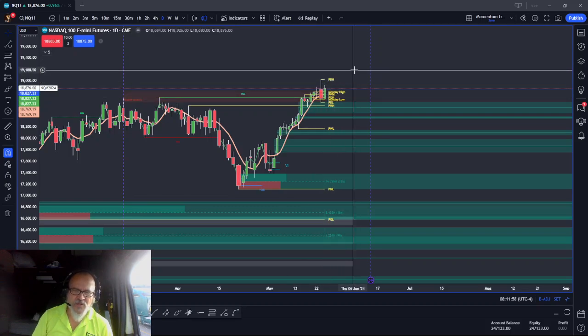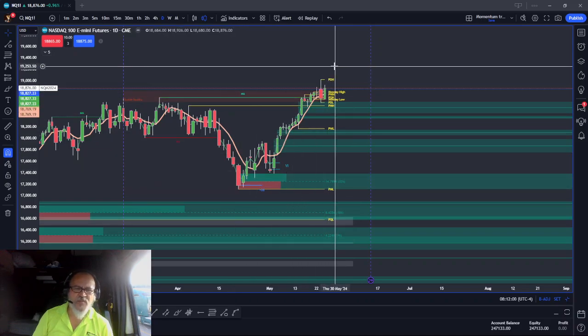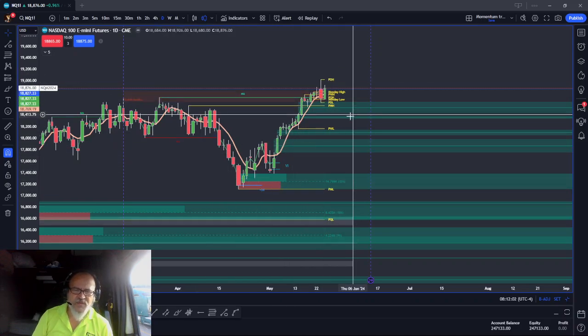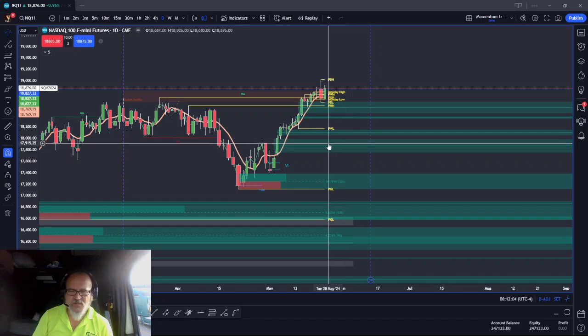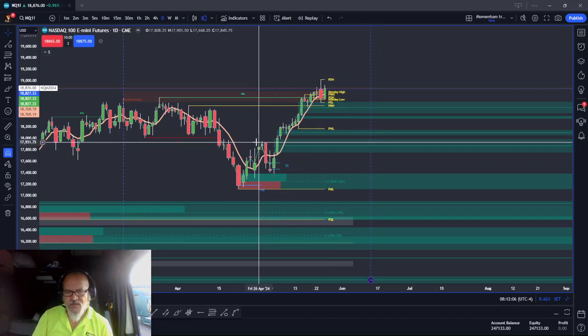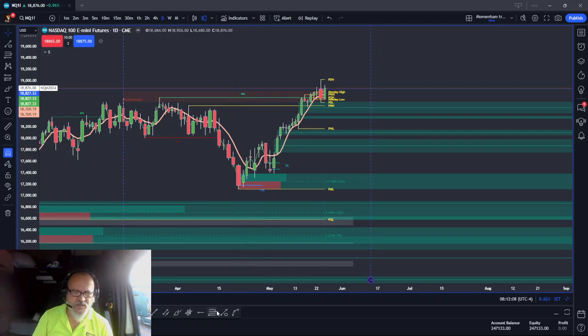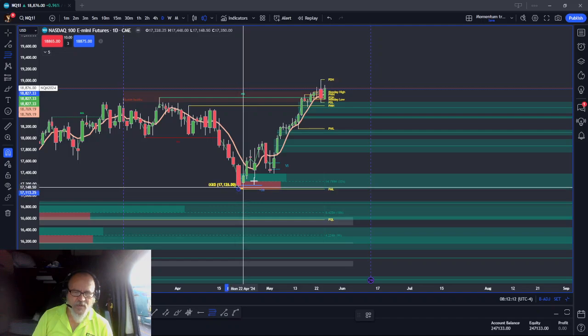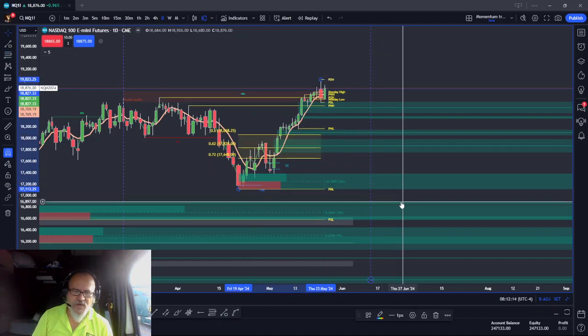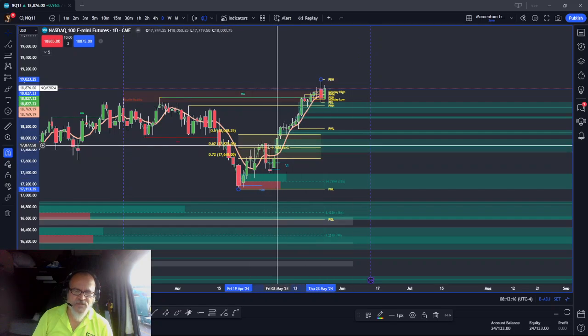This may go a little bit higher before we can pull a fib on the daily to see where we want to come back to, but I would guess somewhere right around here is going to be the 6-1. If we were to draw right now, yeah, the 6-2 is right around that high right there.